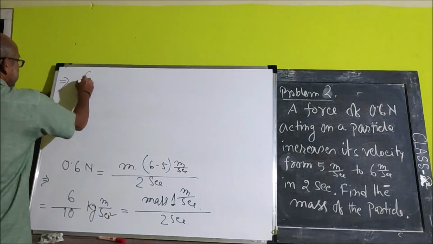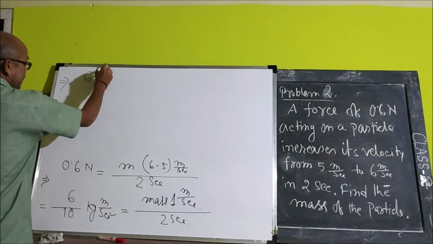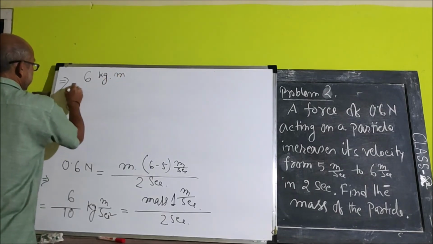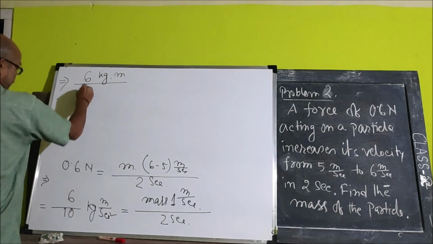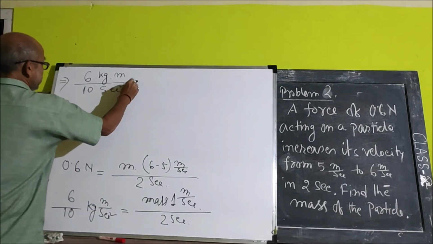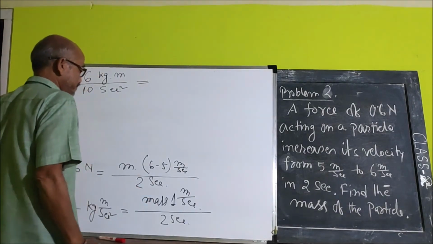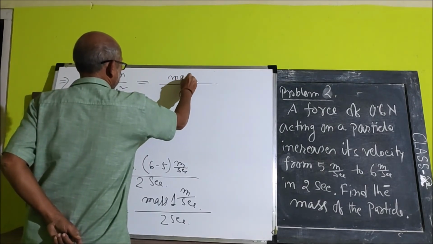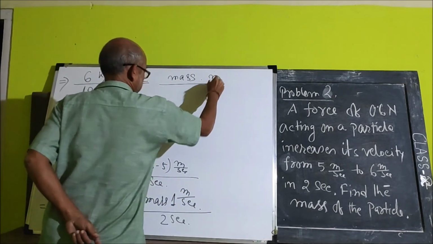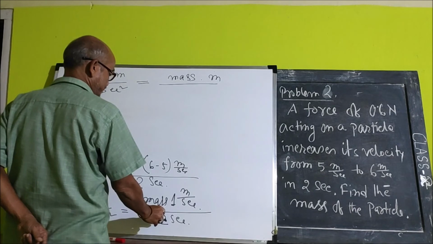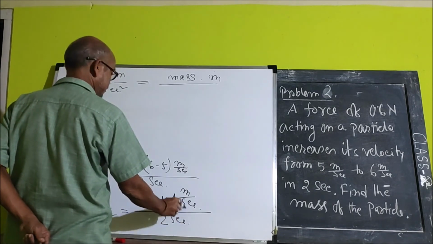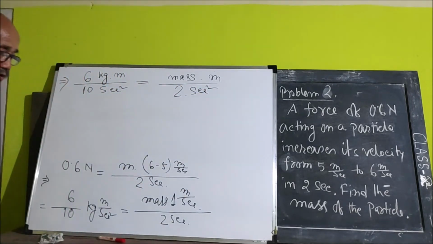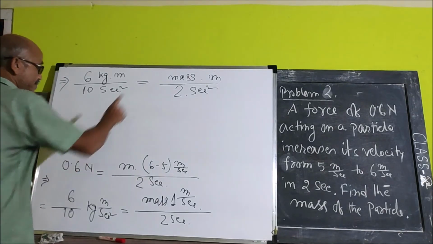So 6 kg meter over 10 second square equals mass into meter over 2 second square.